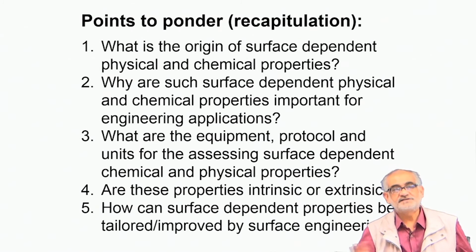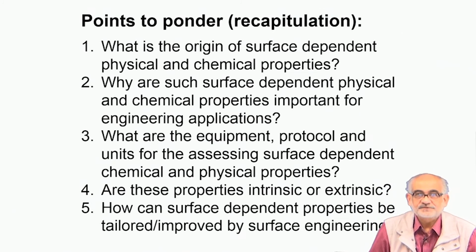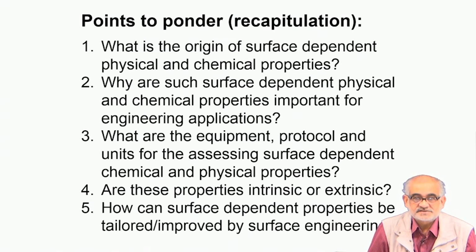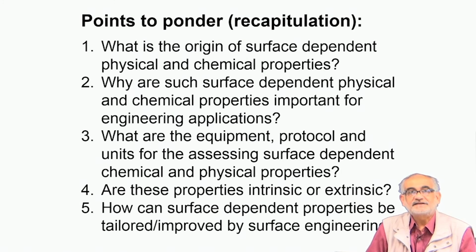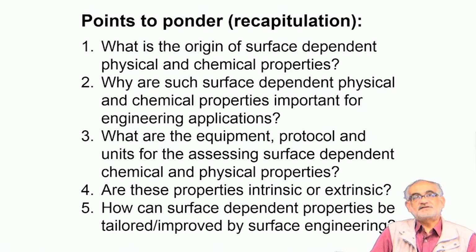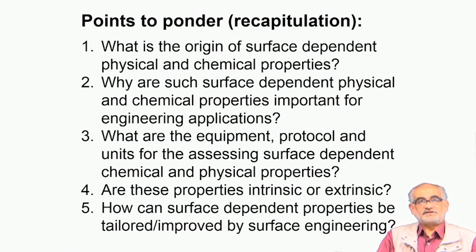Fine. So now it's time that we sum up. Just like the way we discussed the various surface dependent properties under mechanical activation, here we discussed surface dependent properties under physical and chemical activations, and we tried to understand the origin of various surface dependent properties.